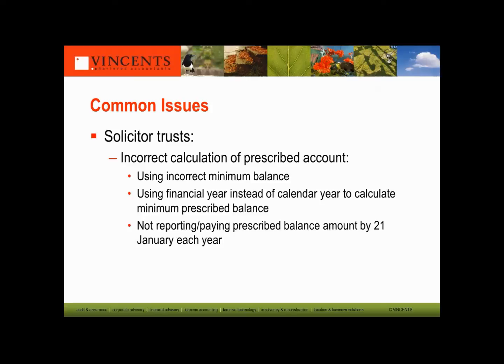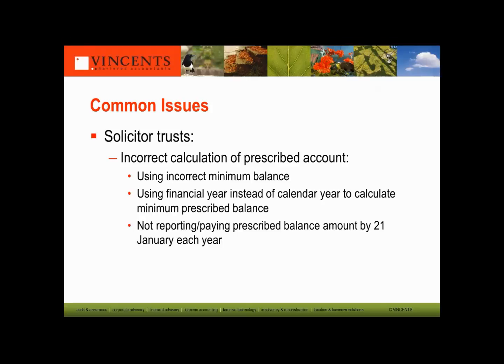Okay, and then specific to solicitor trusts, some of the common issues we see there are the incorrect calculation of the prescribed account. That's generally where clients have used the incorrect minimum balance. In terms of calculating your prescribed account, you basically have to have your lowest combined balance in the previous calendar year, and then take 2/3 of that combined balance and round it down to the nearest 100.